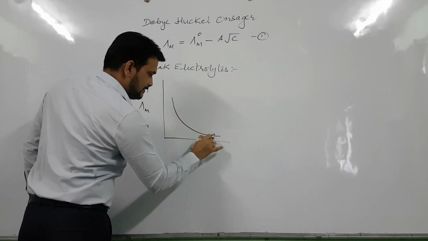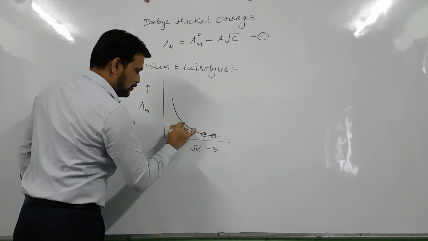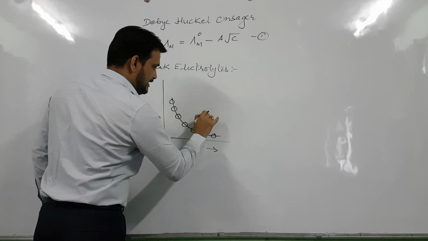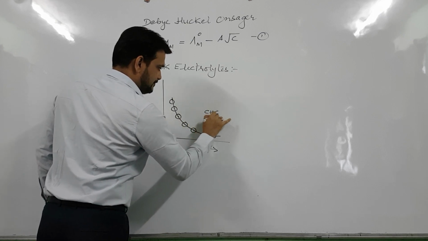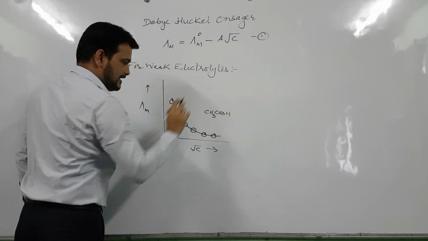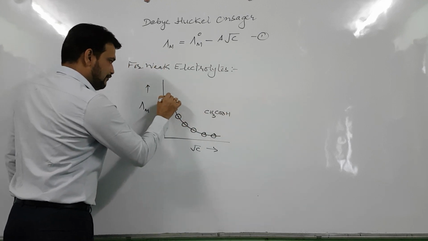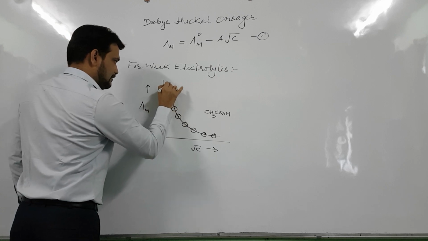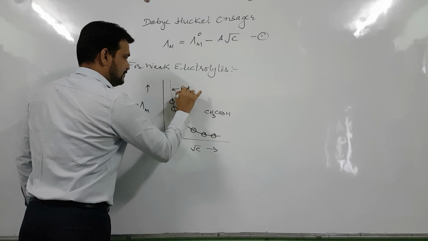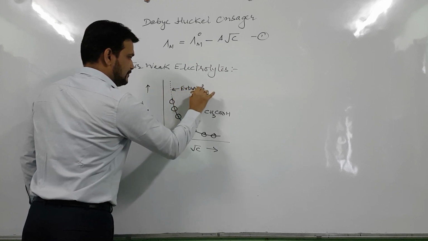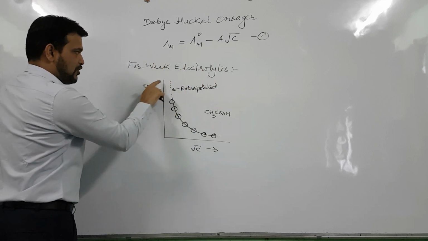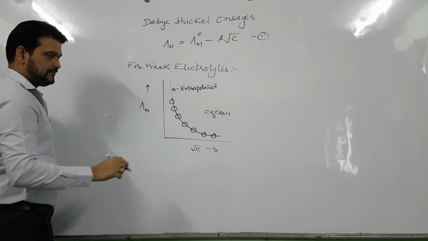This graph was obtained for the weak electrolyte acetic acid, and when this graph is extrapolated, it will be like this. It will not touch the y-axis.